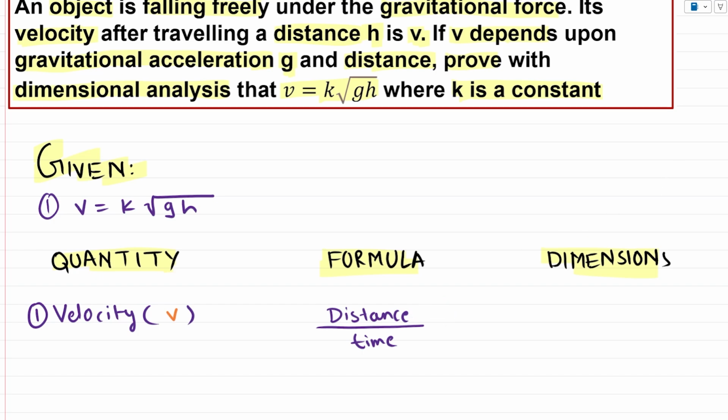So we can directly calculate dimensions for velocity at this point. The dimensions of velocity would be the dimensions of its expression, that is dimension of distance, L, in the numerator, and dimension of time, T, in the denominator, which gives us the dimensions for velocity, that is L to the power 1 and T to the power minus 1. So these are the dimensions for our quantity velocity.